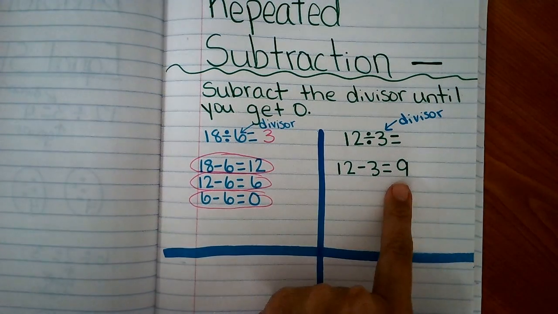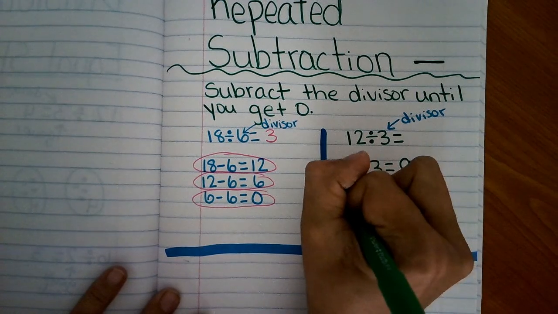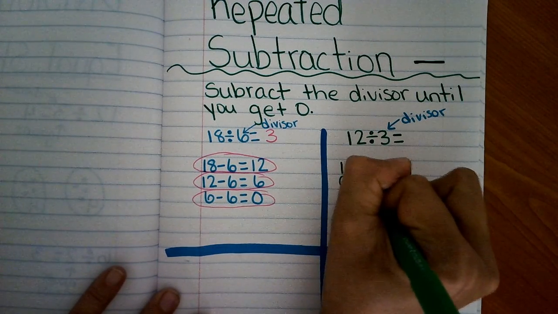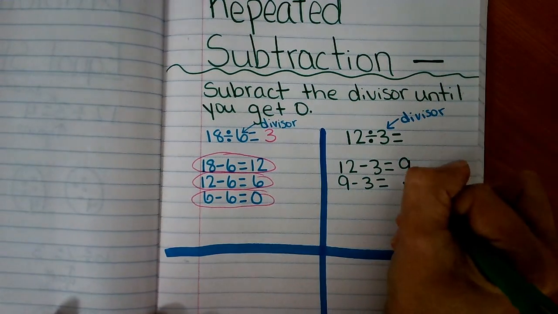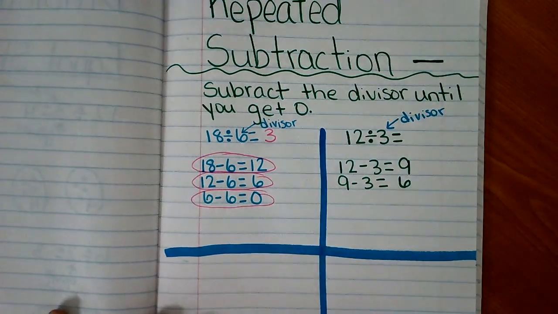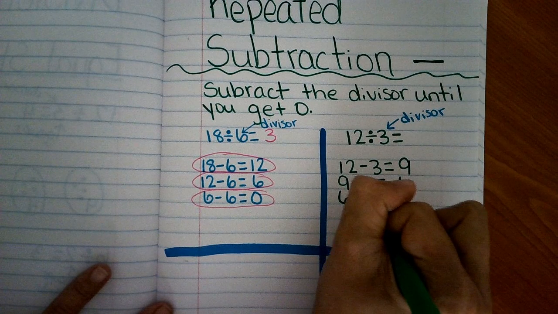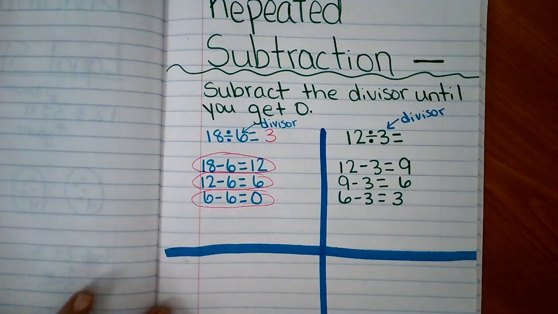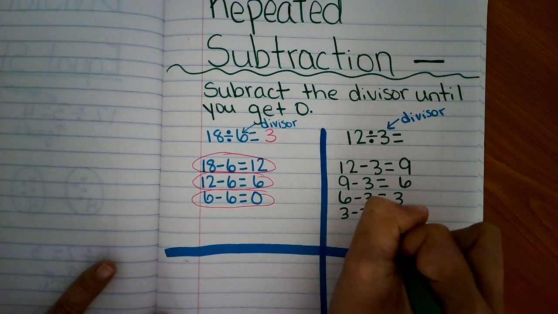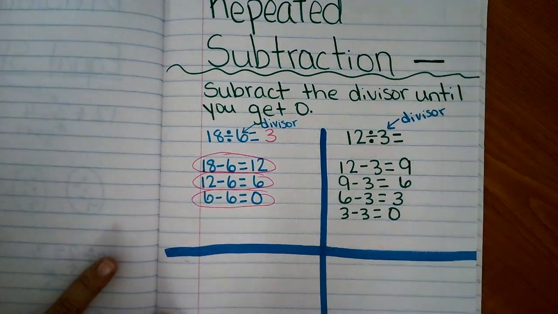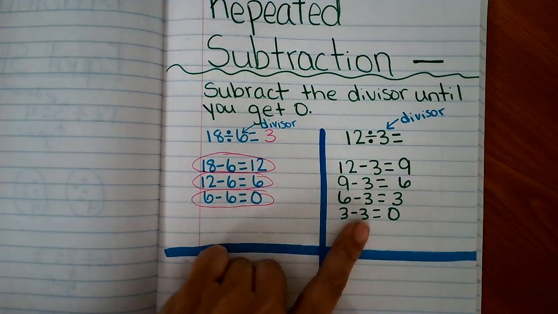Then I take whatever I got as an answer and subtract 3. I always subtract my divisor. My goal is to keep subtracting until I get 0. 9 minus 3 is 6. 6 minus 3 equals 3. And 3 minus 3 equals 0.